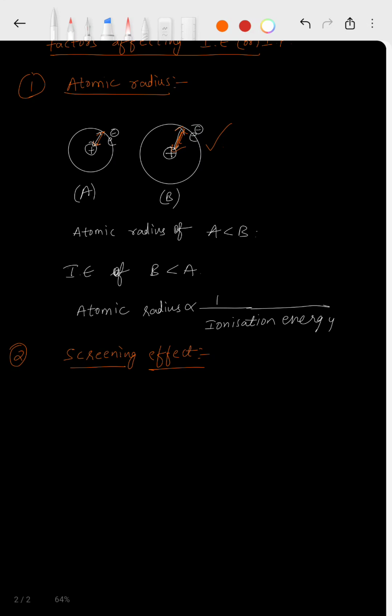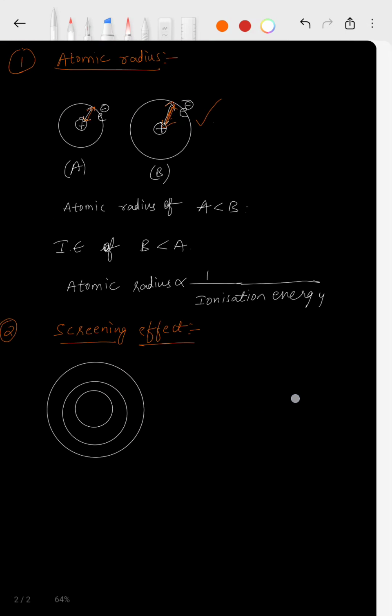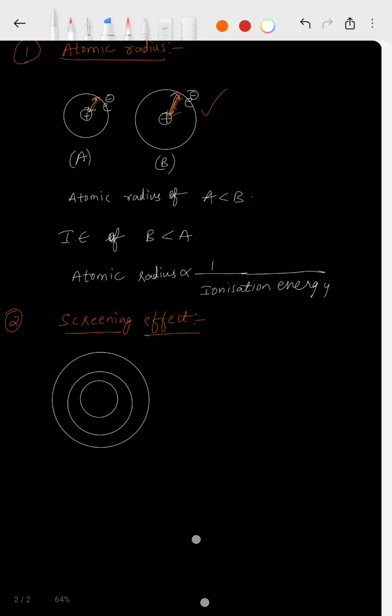Screening effect is nothing but, for example, I have an atom with one shell, next one more shell is there here, and next one more shell is there here, you just assume, and the nucleus is at the center of the shells.